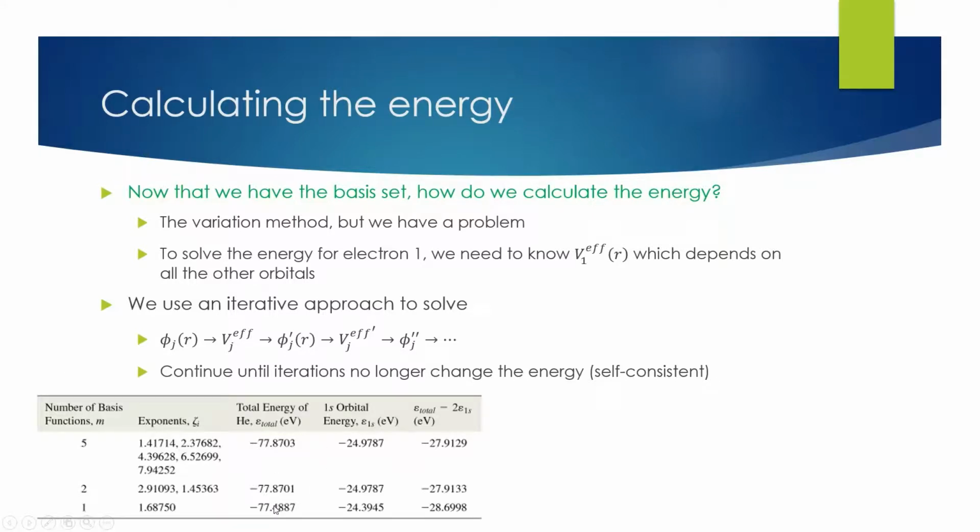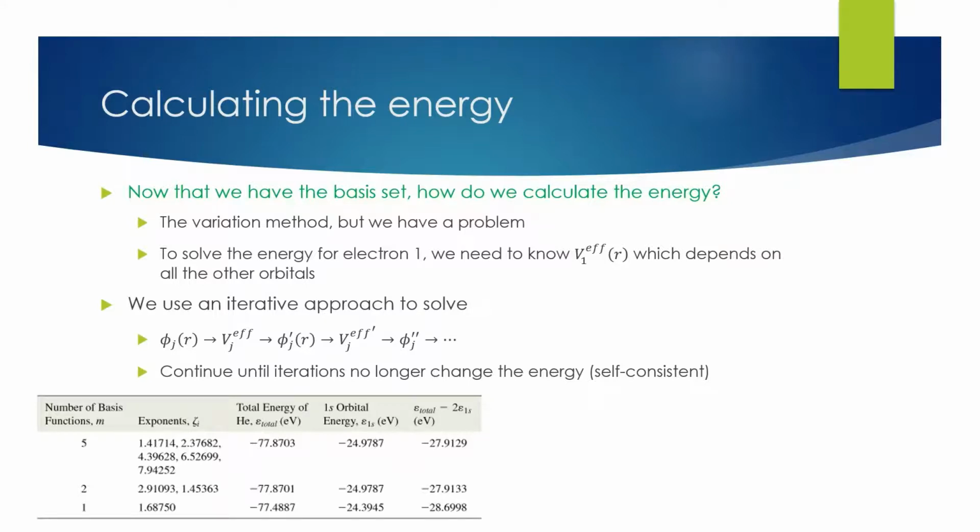For helium, one function gets an energy of negative 77.48, 2 functions get negative 77.87, and then 5 functions gets a little bit more accurate, but not very much. We don't really get much more accurate by using 5 functions, and it takes a whole lot more time than by using 2 functions. Our difference is 0.0001 or 0.0002 electron volts.